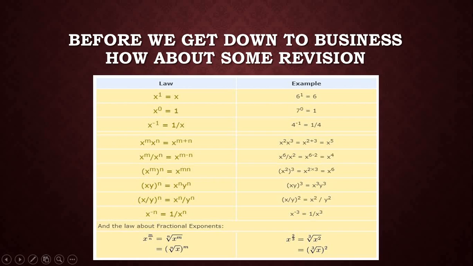Imagine then now having xy to the power of n, or whenever you have a bracket that has got two different bases and then outside it is multiplied by an exponent. What you do is that exponent belongs to both of them. Think of this as more like x being a mother and y being a father and n being a child.